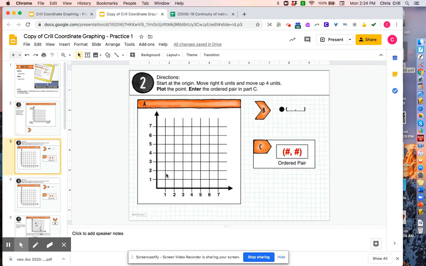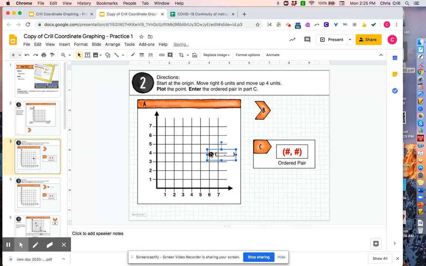Task 2 is going to ask you to start at the origin, right here, move 6 units to the right and up 4 units. So we always go right, up. If we go 6 units to the right, here we are on the x-axis. We're 6 units away from the y-axis. And we're going to go up 4 units away from the x-axis.